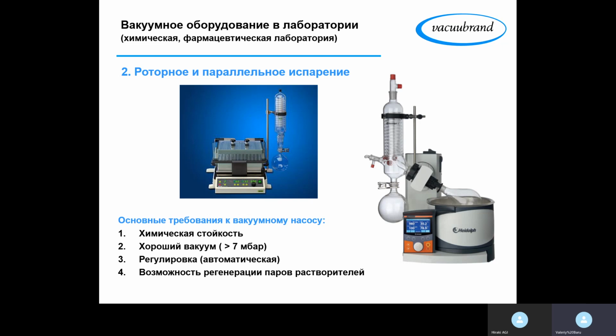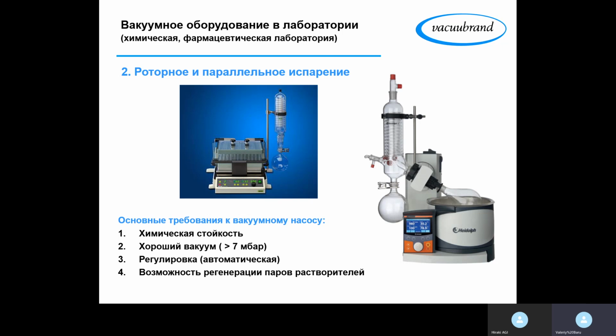Another point is that there are some customers who say, I need a vacuum pump that can go down for the rotary evaporation, I need a pump that can go down to, I don't know, 0.01 millibar. Again, it makes no sense to have such a high vacuum pump, because most rotary evaporators are not designed to work at such a high vacuum due to the leaks in the system.